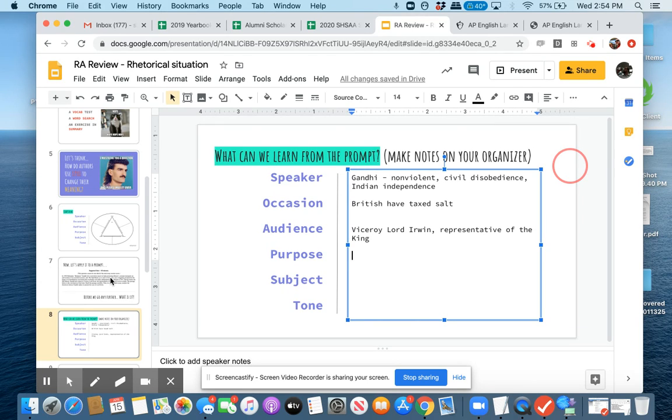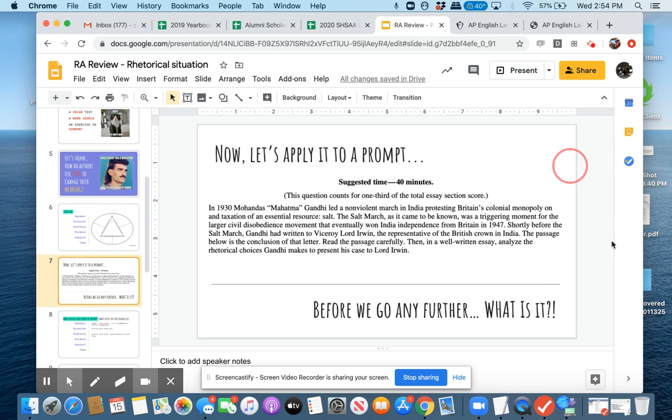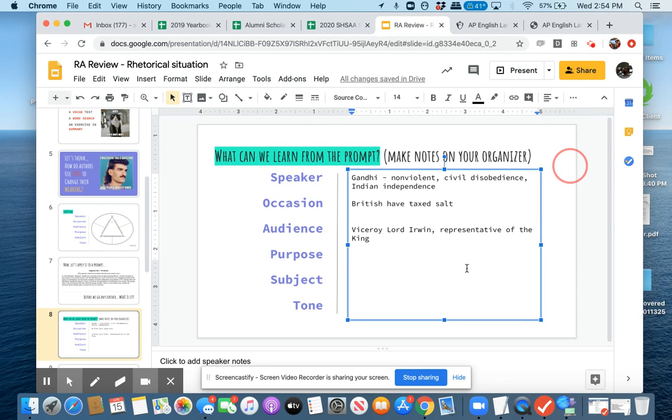I think we can probably go ahead and either assume his purpose, or go back to the prompt to find out if there are some hints in there at least. I think we can say that his purpose is going to be like, hey, you know what? This taxation of our essential resource, salt, is a bad thing, right? So let's start with that assumption and see if our reading of the prompt bears it out.